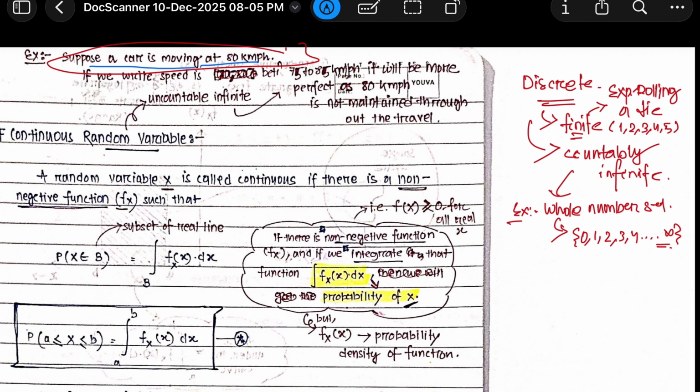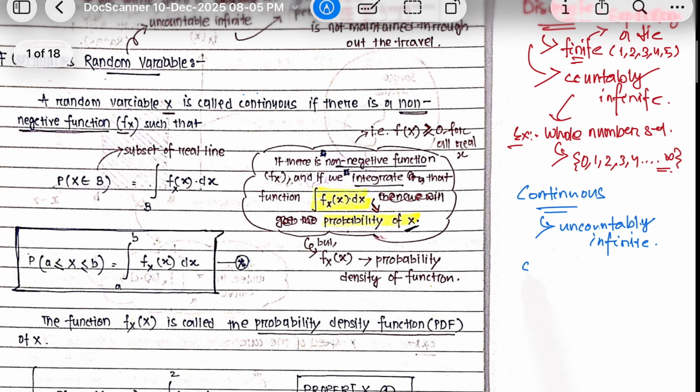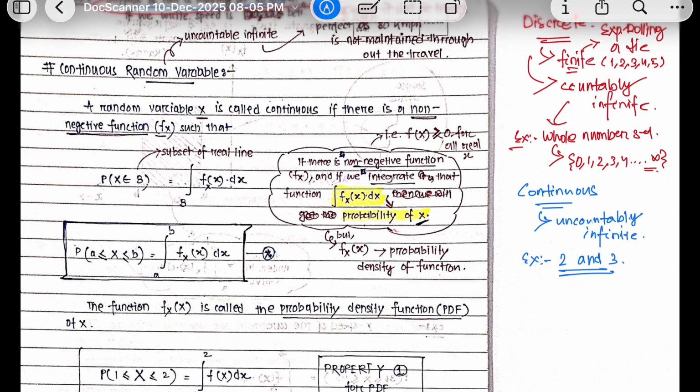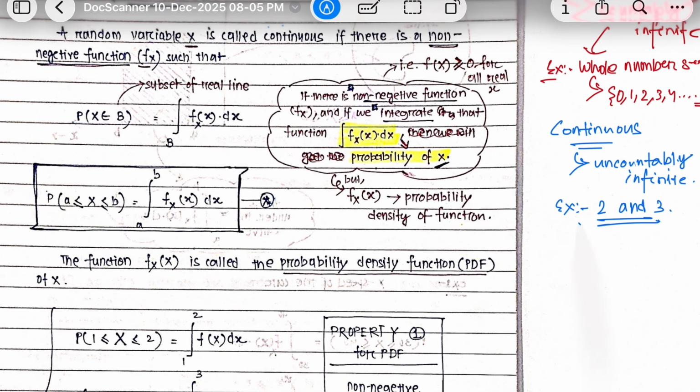But in the case of continuous, the numbers are uncountably infinite. Suppose someone asks you to write all the numbers between 2 and 3. Can you think of this situation? It is a horrible situation. The number can be 2.5, you are thinking.